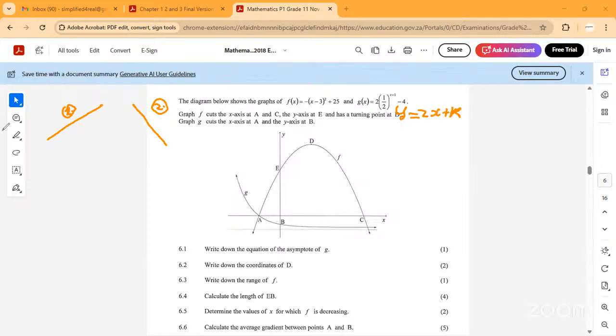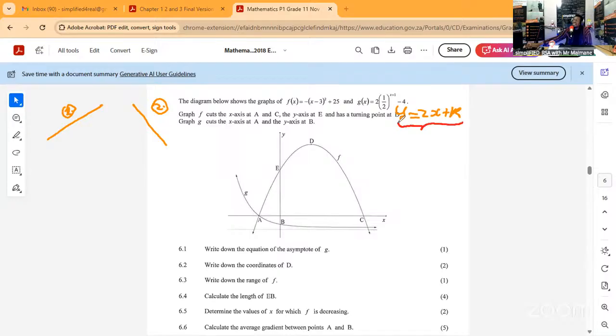This helps us for questions like this. If we are given y is equal to 2x plus k, we can imagine this line touching f as a tangent somewhere, it could be anywhere there. But we choose to put it there because we know it's a positive slope. If it was a negative slope, it would be on the other side like this, you see.